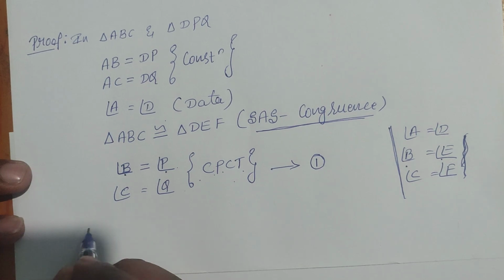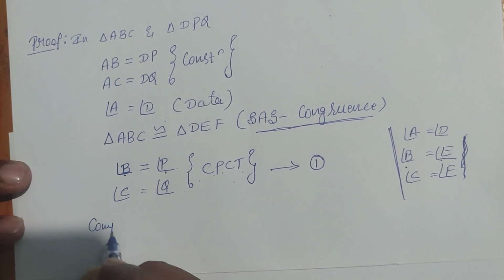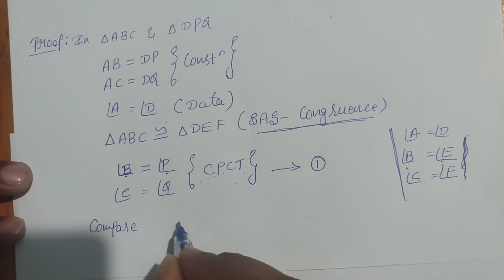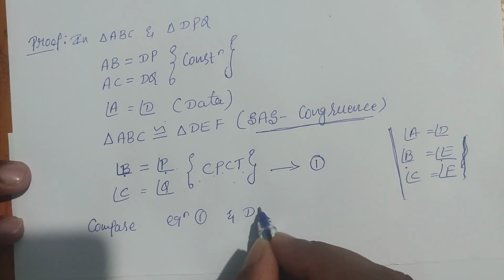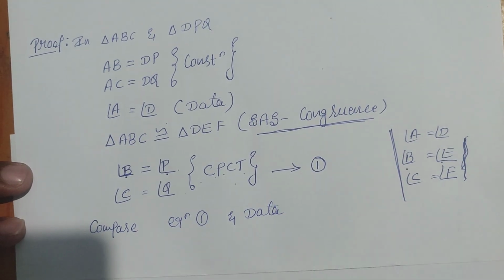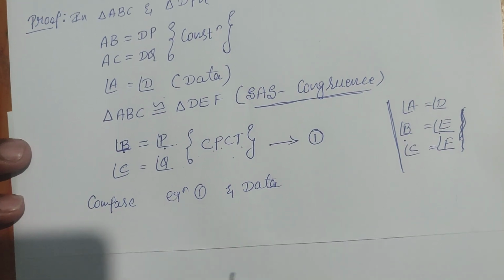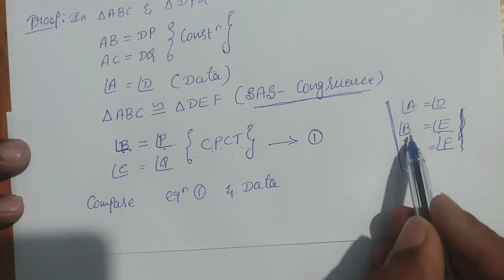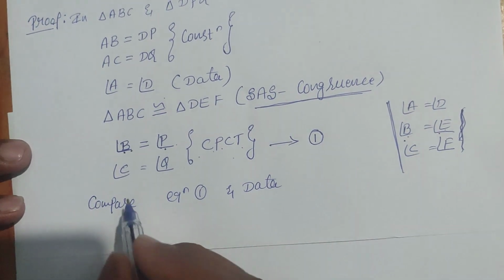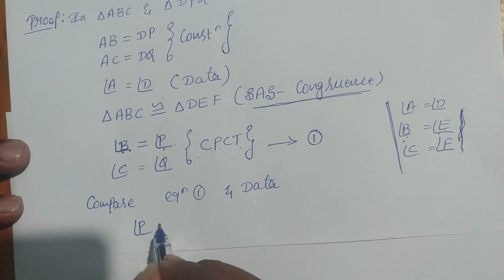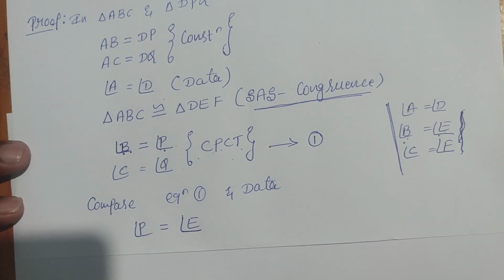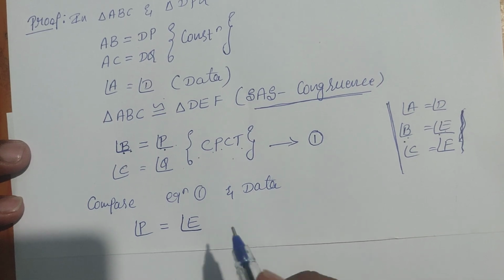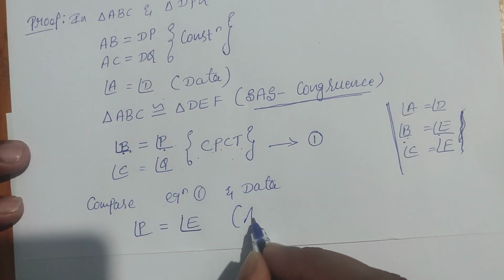We have to compare equation 1 with the data. Here B is equal to P and B is equal to E, which means I can write angle P is equal to angle E. So this is by axiom.